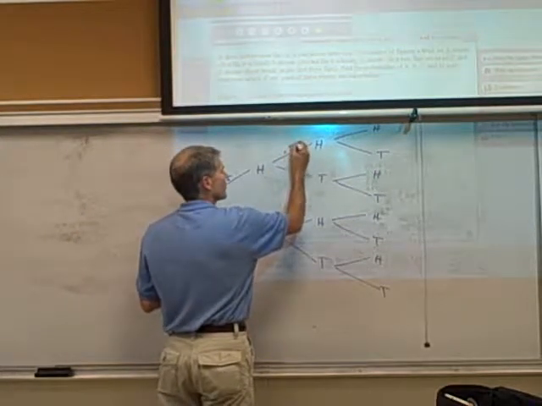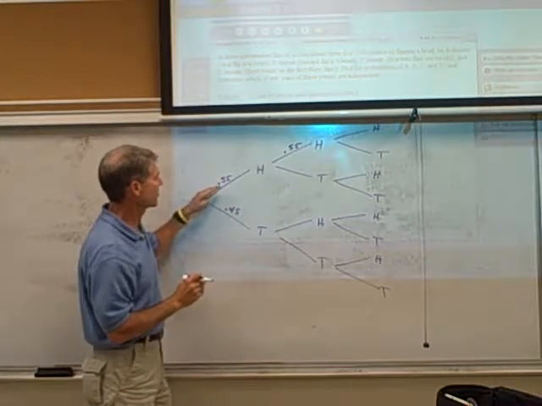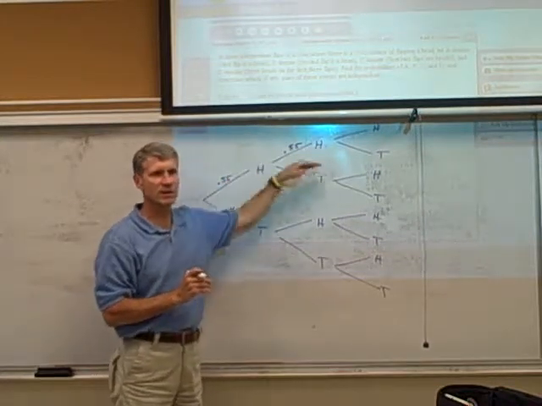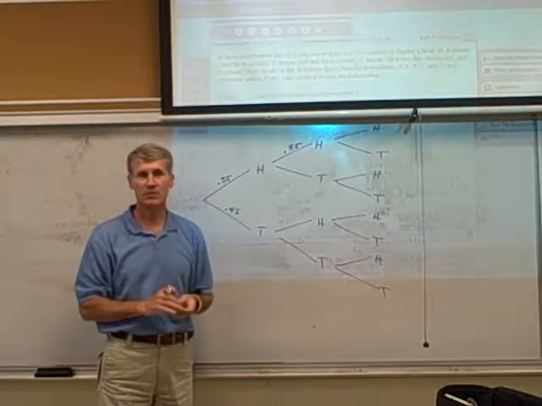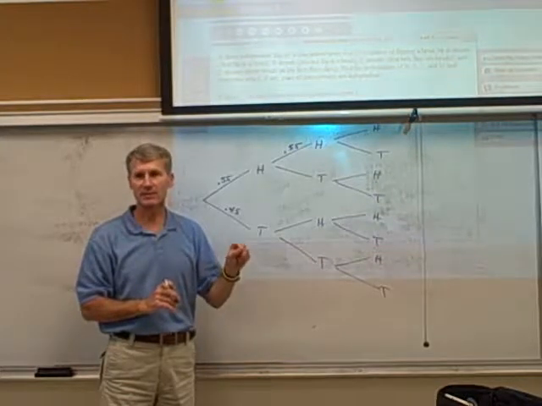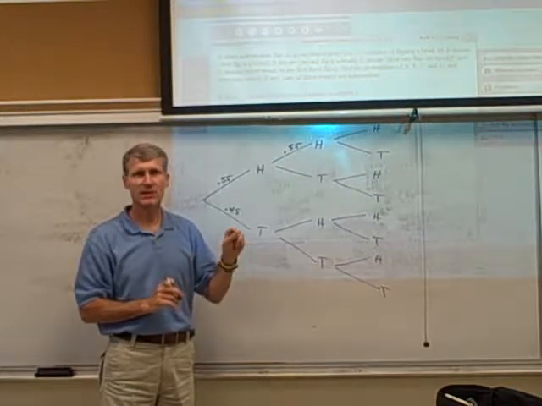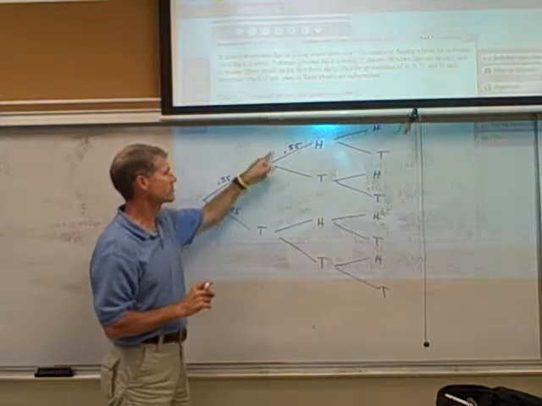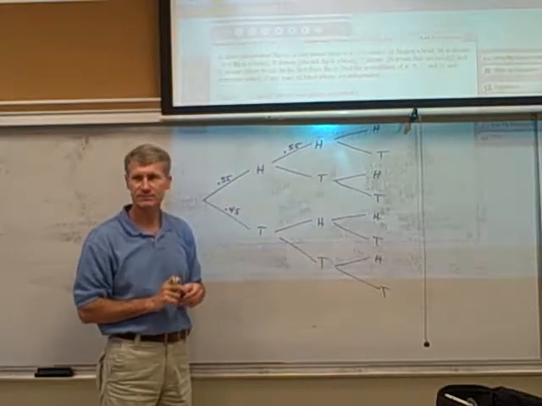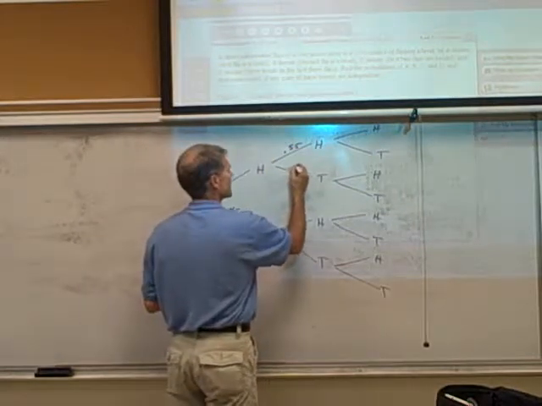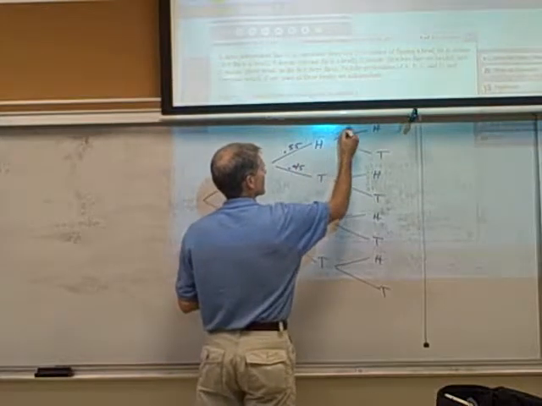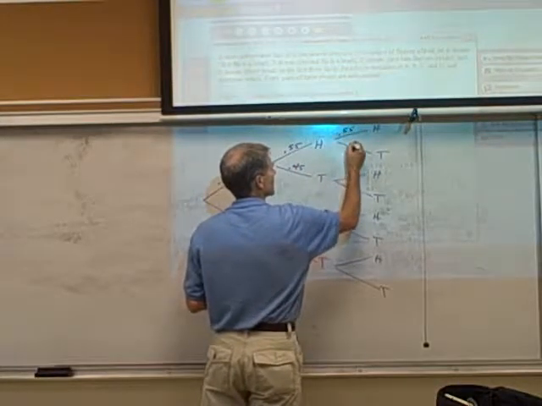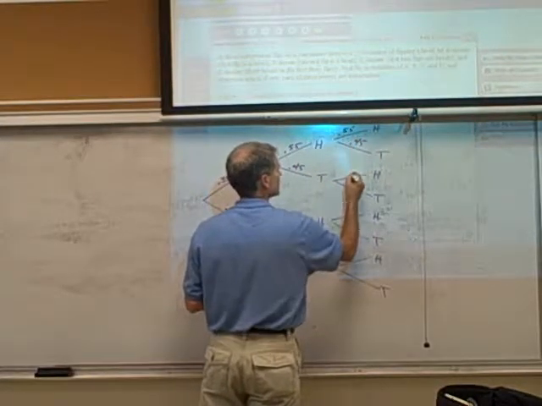Now, in one of the examples we did last time, the probabilities changed as we went across the tree. And those were dependent tries, right? These are independent, so the probabilities remain constant. Okay? So I can just fill in my 0.45 all the way across, and my 0.55.